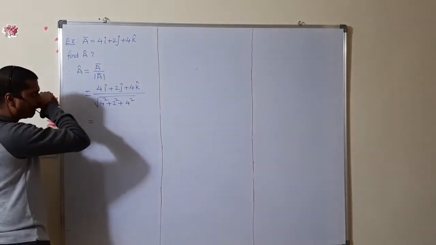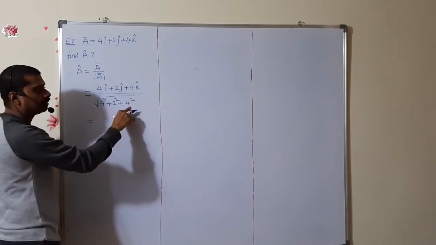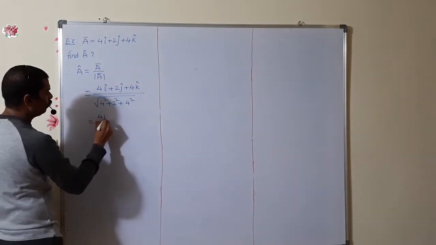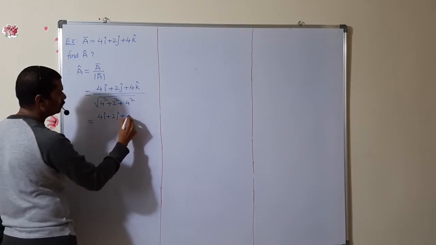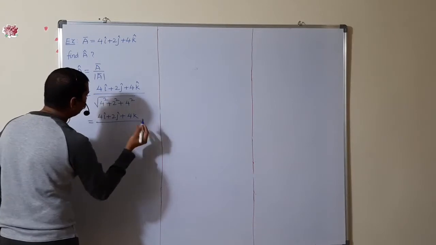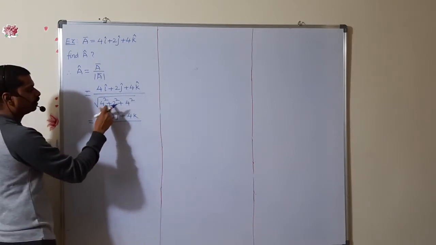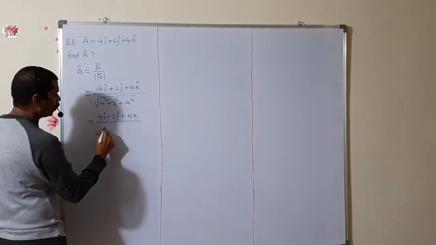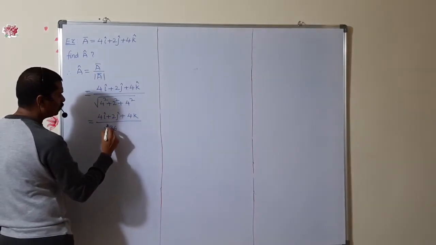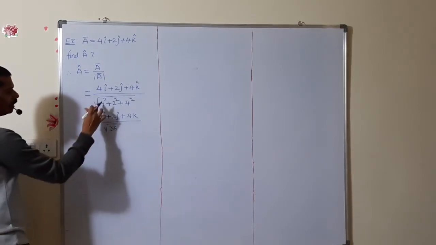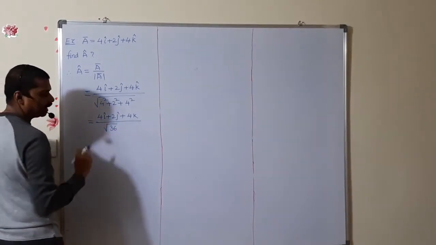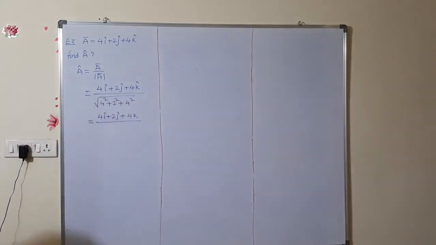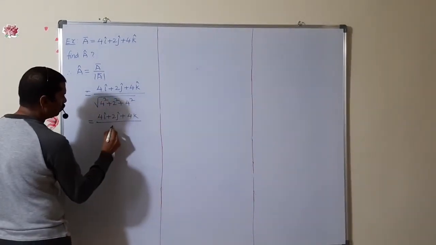Then 16 plus 16 is 32, plus 4 is 36. Now we can write 4i cap plus 2j cap plus 4k cap upon root 36. The root of 36 we can write as 6.